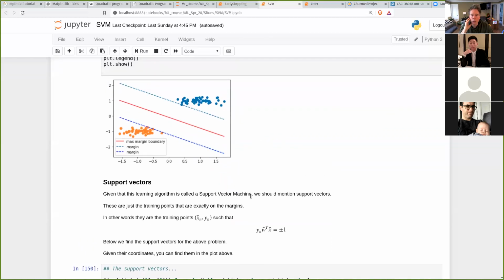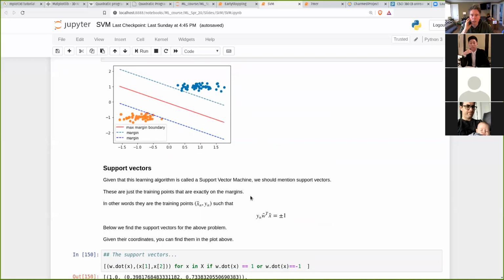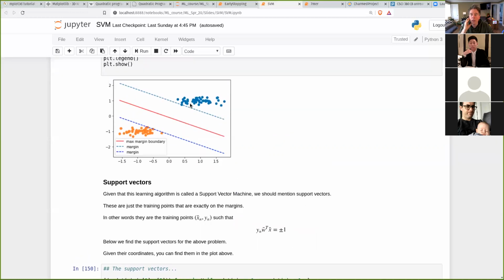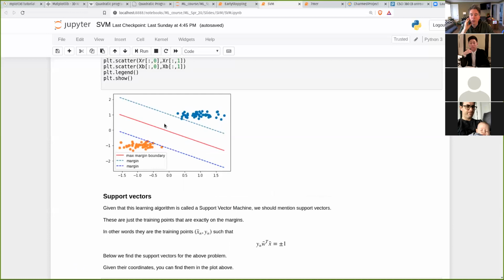And why do you care so much about support vectors? It turns out that here, the support vectors are sort of the only thing that matter. You could throw away all the other data points, and if you just kept the support vectors, you would get exactly the same solution. They contain all the relevant information in just 2 points.